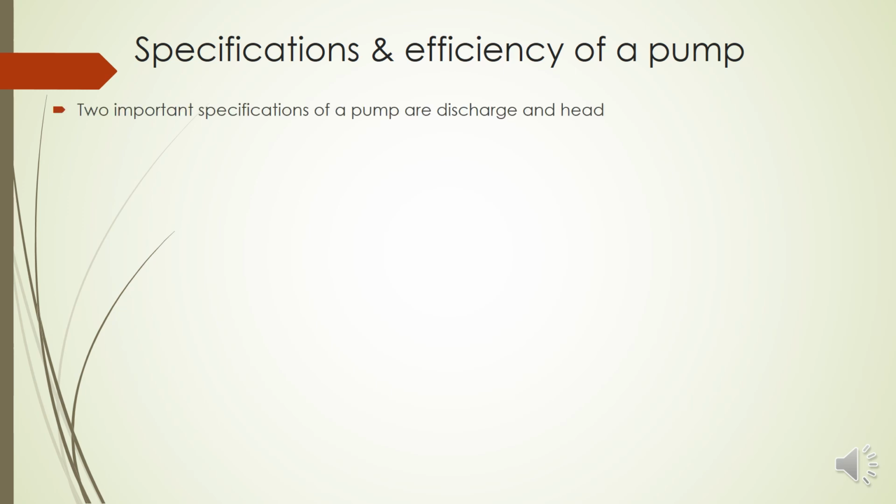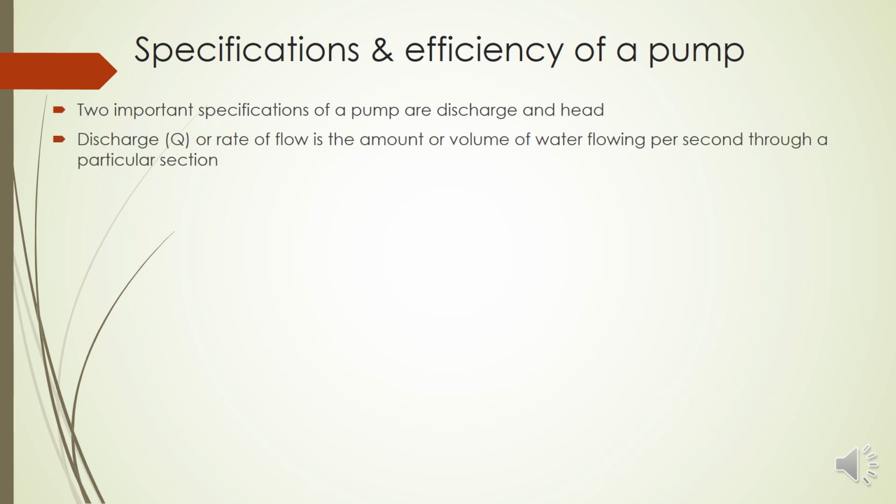The first one is discharge and the other one is head. So what do you mean by discharge or rate of flow? It's denoted by the letter Q. Discharge is the amount of water flowing per second through a particular section. So it is the volume of water flowing in any region in 1 second.